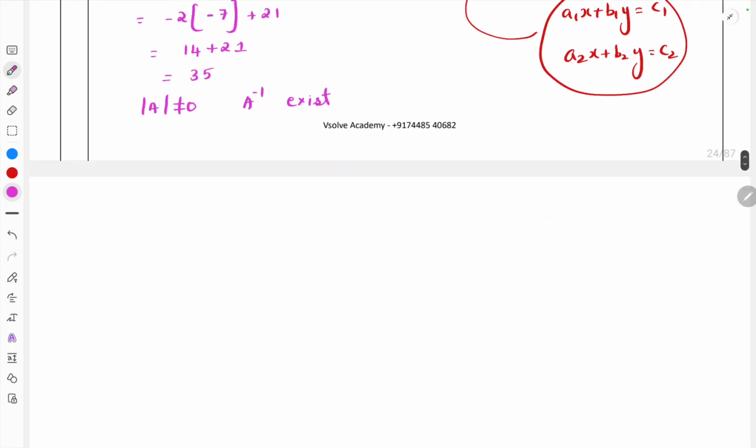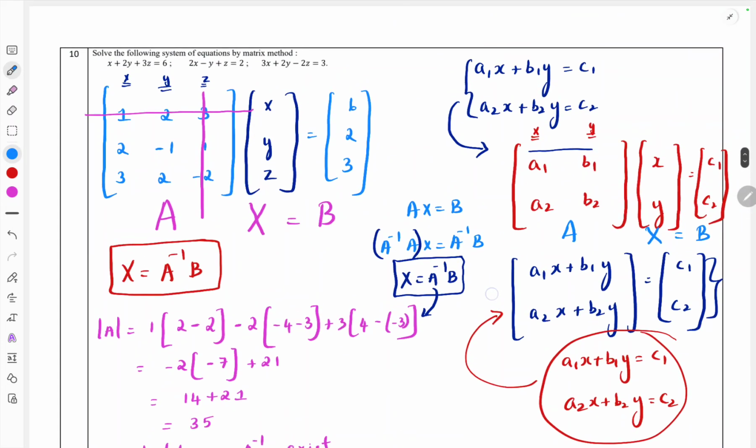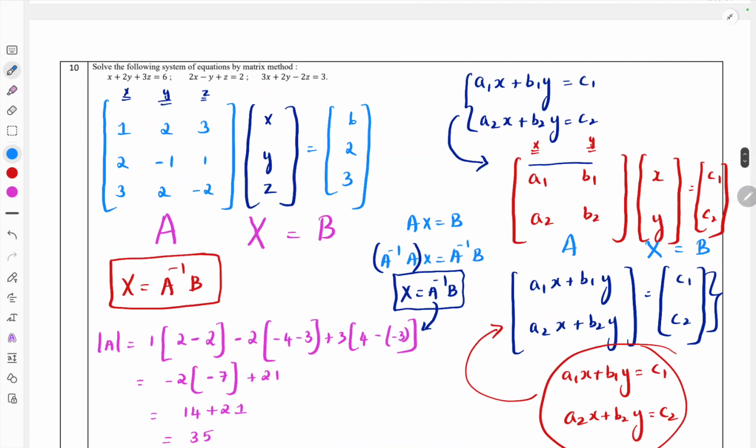So what is the formula for A inverse? A inverse is nothing but 1 by determinant of A into adjoint of A. So A inverse will be equal to 1 by 35 into adjoint of A. Now we have to find the adjoint of A. To find the adjoint of A, I'll just copy this.